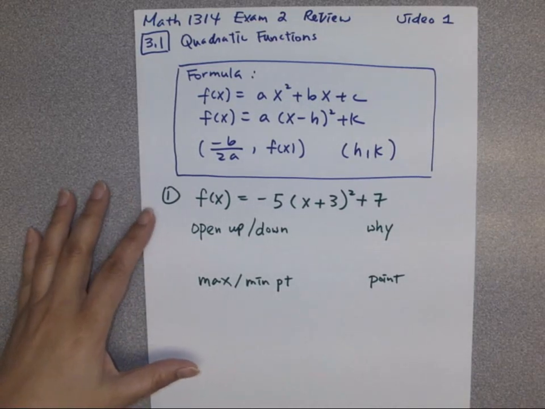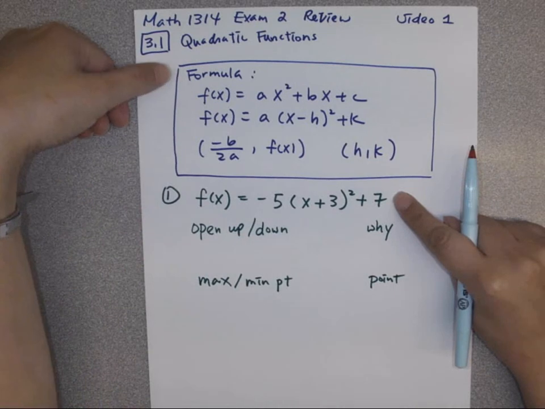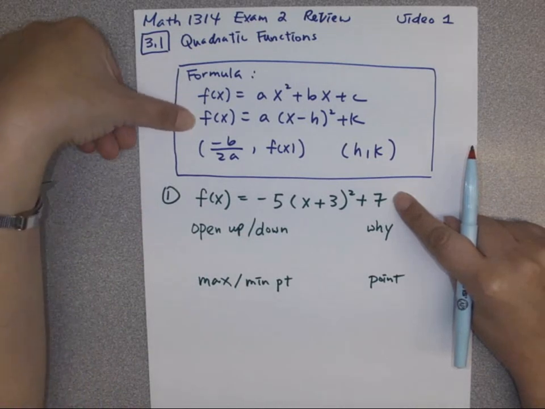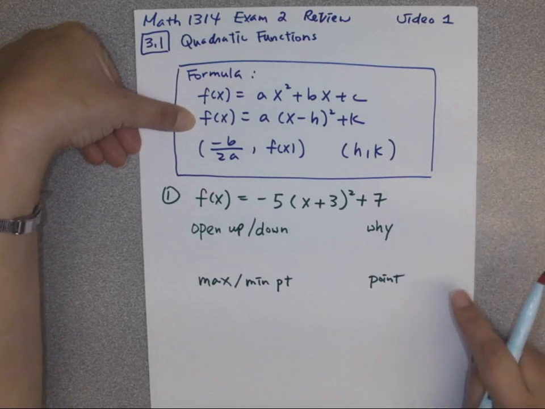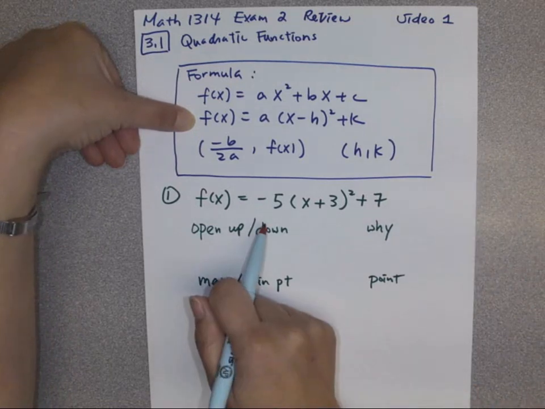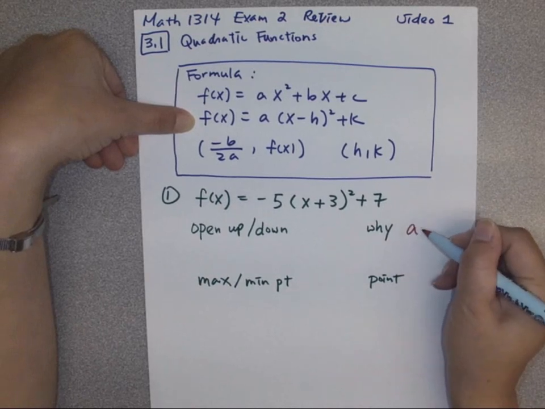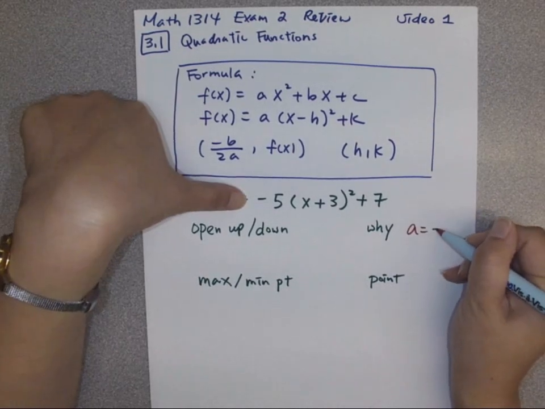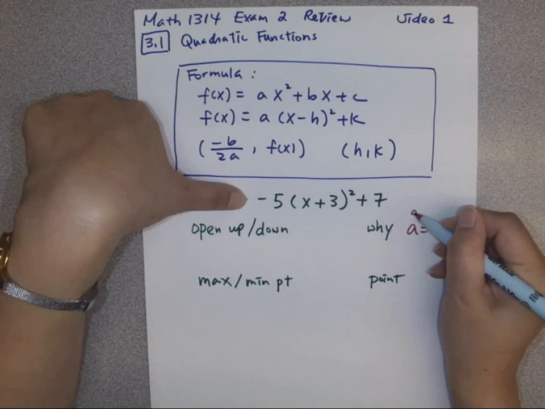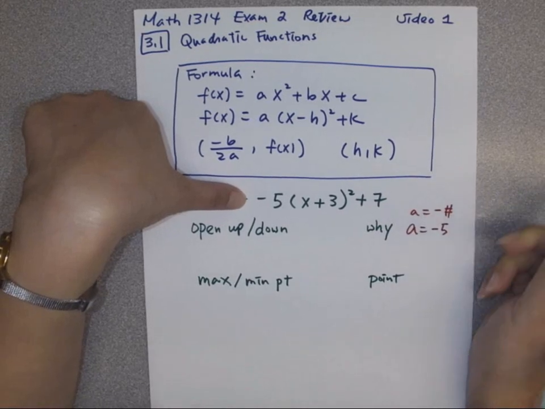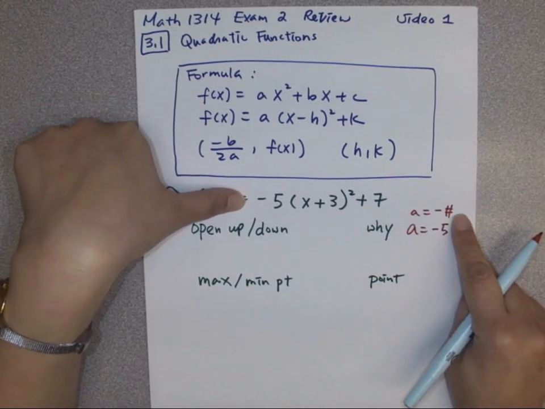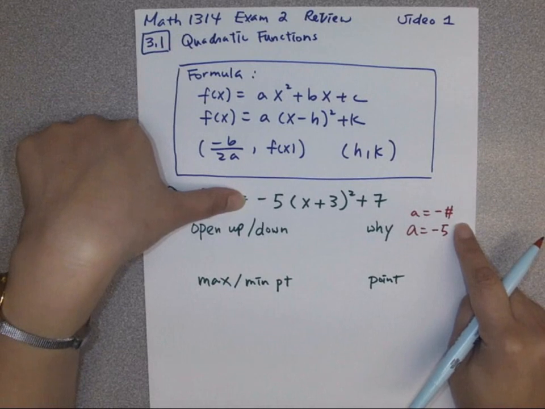Alright, so looking at this, it looks like it's a standard form, okay? And we can tell if it opens up or down by focusing on the leading coefficient. The leading coefficient A looks like it's negative. Don't just say negative number though, you need to say either the leading coefficient is negative or your A value is negative.